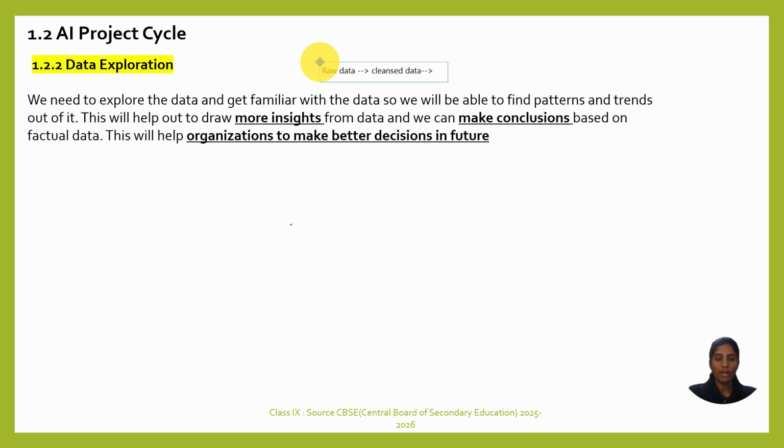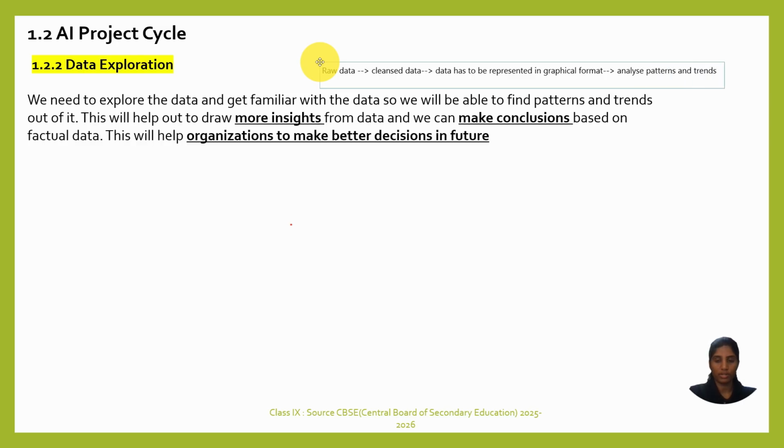That is where we need to represent the data. Data has to be represented in a graphical format. Once we represent data in a graphical format, we analyze the patterns and trends.